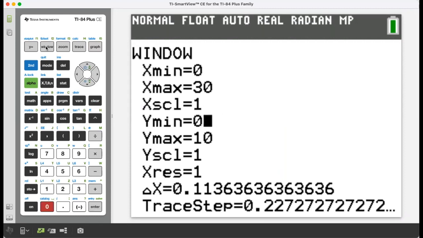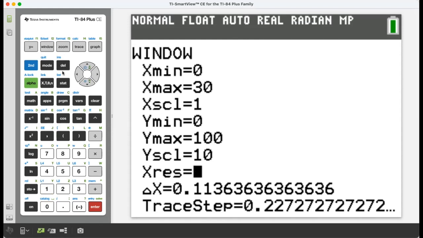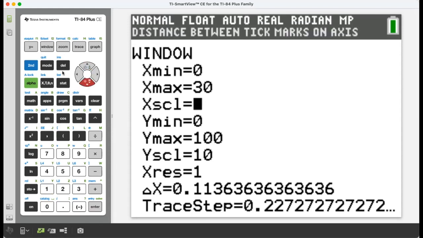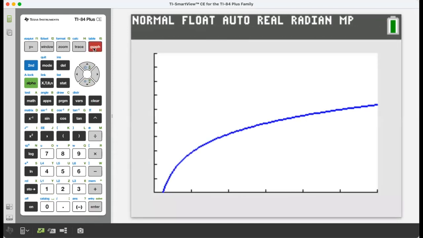Again, we don't need negative age for humans, and let's just go to 100 because it looked like the graph was increasing by a lot there. I'm going to use a scale of 10, so I'm only changing the scale on the y-axis. The x-axis is still going to be a scale of 1. Actually, I can even use a scale of 5 on the x-axis.